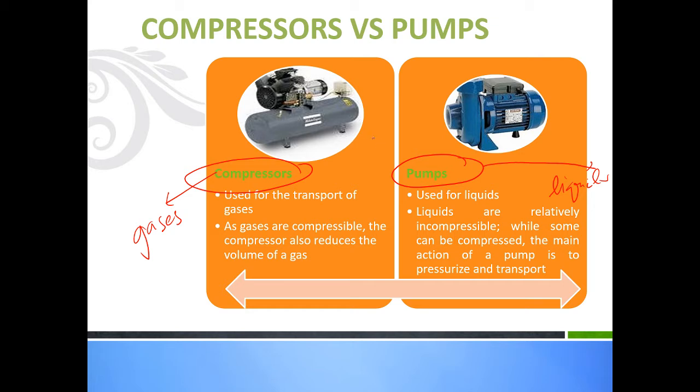Ba't kailangan may separate na device for gases, but may separate device for liquid? Mainly because yung gases compressible. So, the compressor reduces the volume of gas, pero liquids are incompressible. So, the main action of the pump is to pressurize and transport.